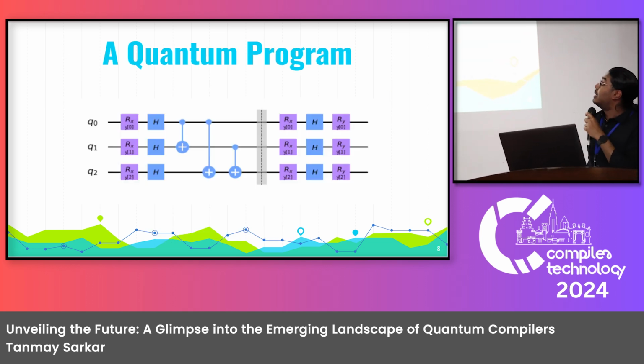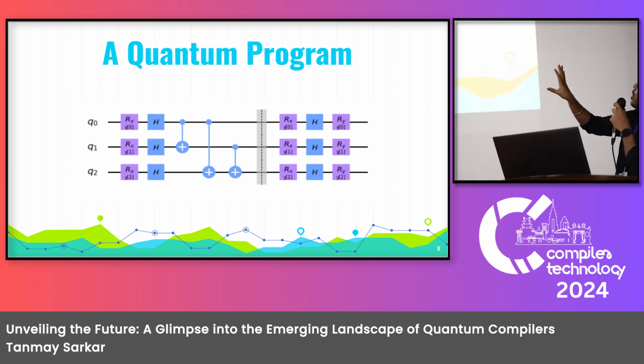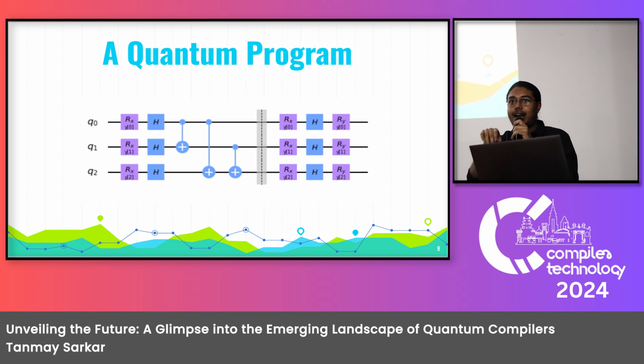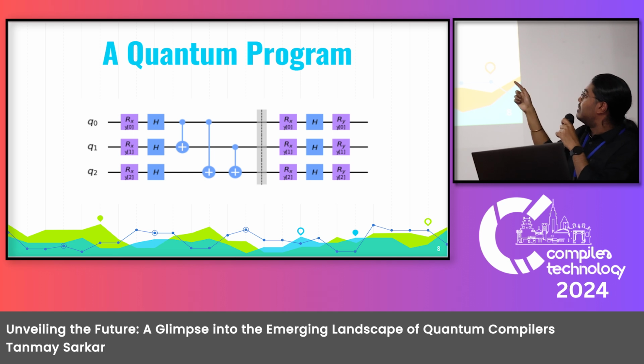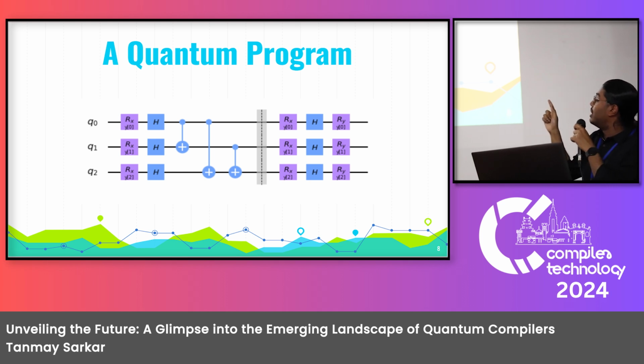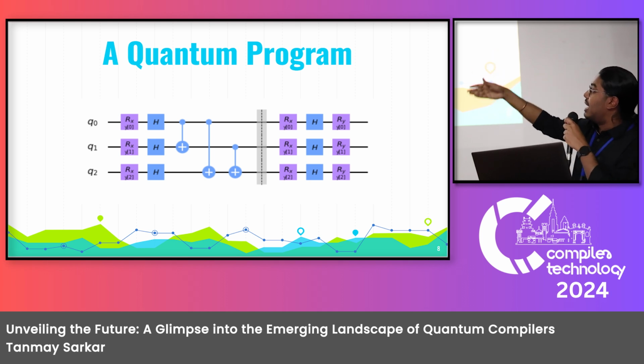Now, this is a brief overview of what a quantum program actually looks like when you write it in your computer using the SDKs that we have. This is a part of a quantum kernel for a quantum support vector machine that I had written using Qiskit. RX and RY are quantum gates.